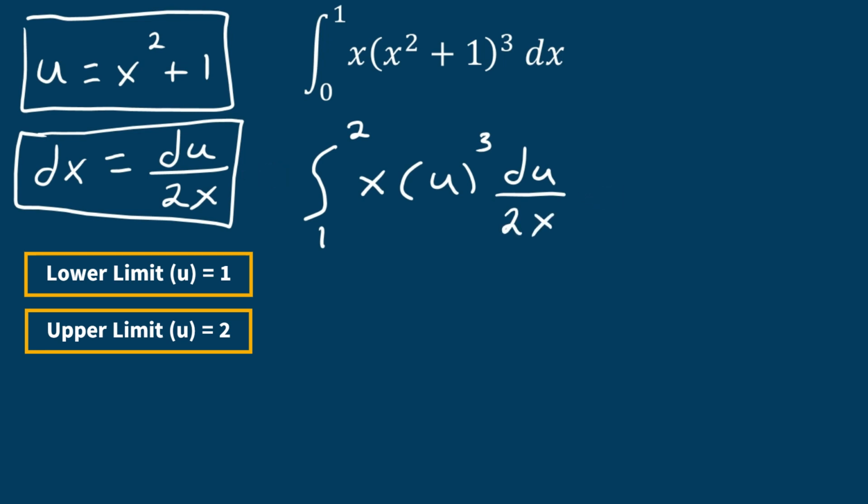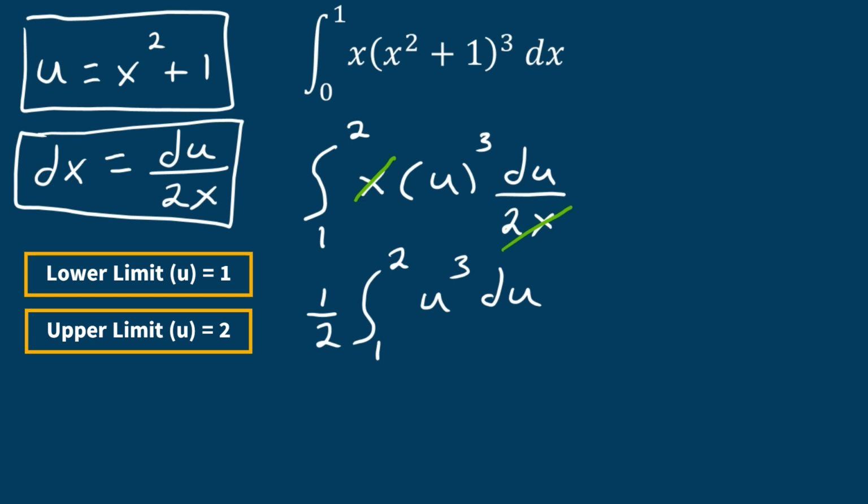What we can do from here is simplify. As you can see, we have an x here, which is going to cancel with this x on the bottom. And we can bring our constant out to the front, which is 1/2. So rewriting this, we'll have 1/2 integral with limits 1 to 2 u cubed du.